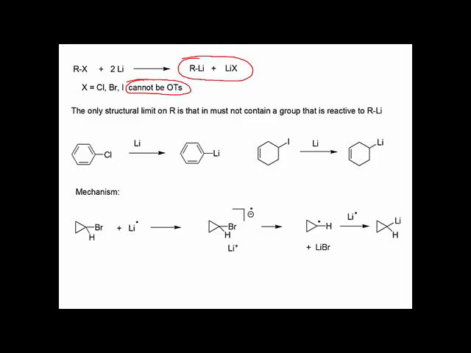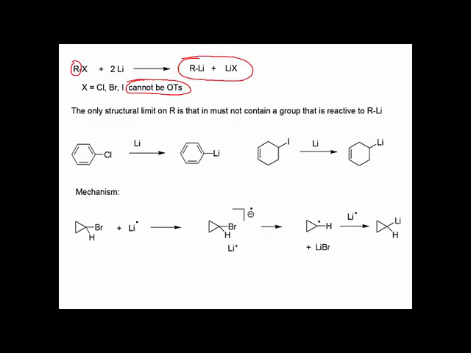All types of R groups here pretty much work. R can be sp3, sp2, or sp carbon. The only structural limit on this R group is that it can't contain another group that's reactive to an organolithium reagent. You'll appreciate that in a couple of slides when we look at some of the reactions that organolithium reagents actually do.